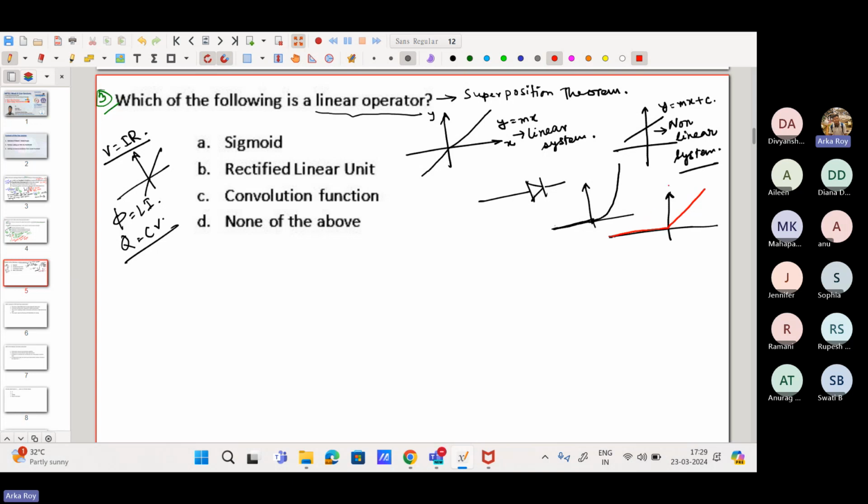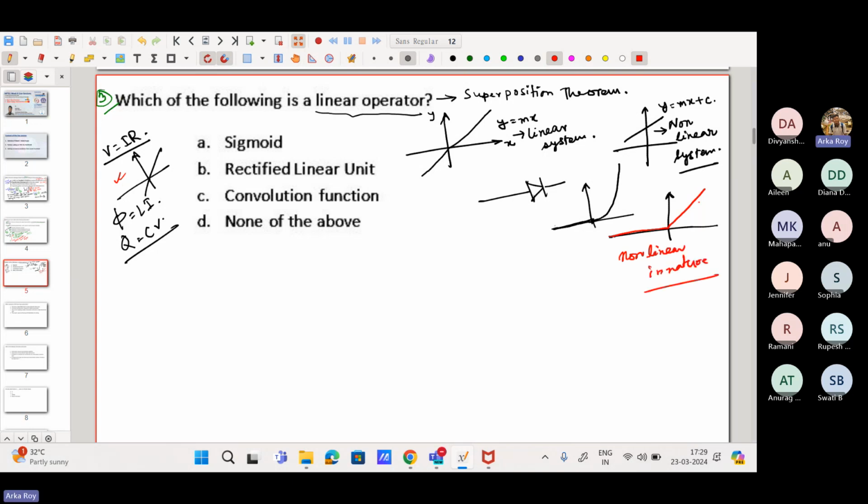Even though I am making it linear using a line-based approximation, the response should pass through the origin. The positive half is okay, but in the negative half there is a non-linear operation. That is why the system is non-linear in nature.